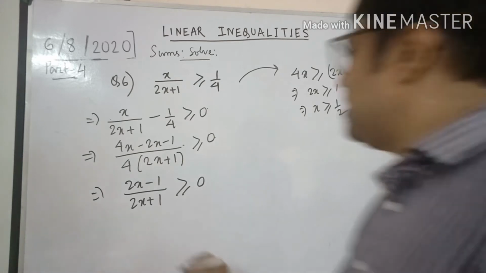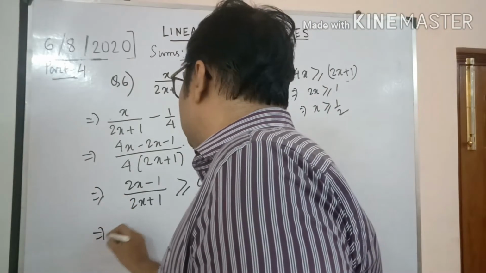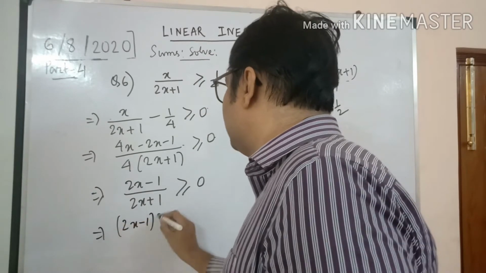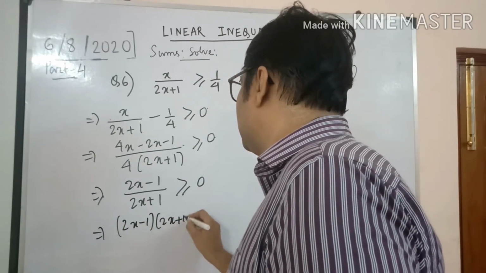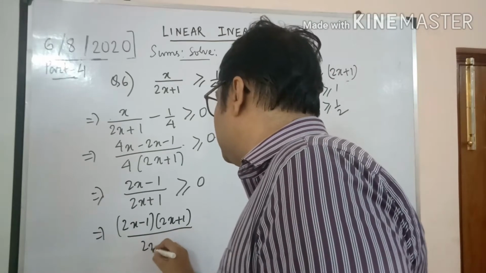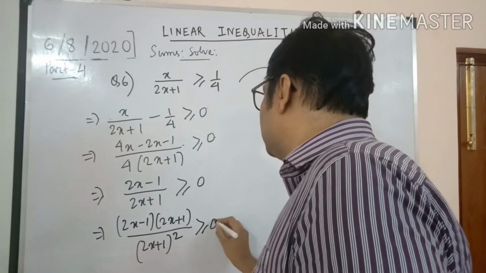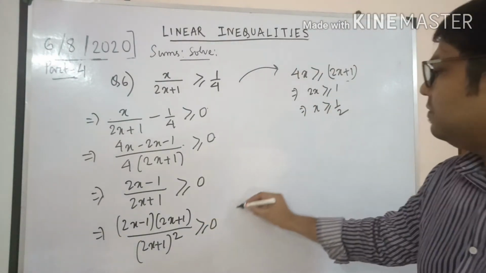Why so? Because we have to make sure that the full thing will be positive. So we are actually turning the denominator to be positive. So now from this, you know, we are what?